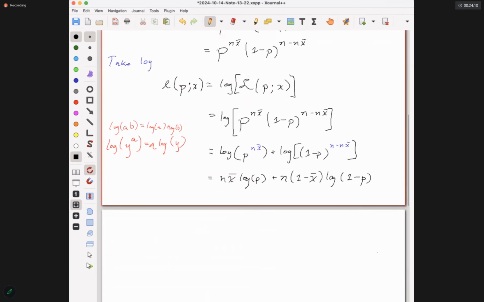So now, this is about all the simplification we can do to the log likelihood.